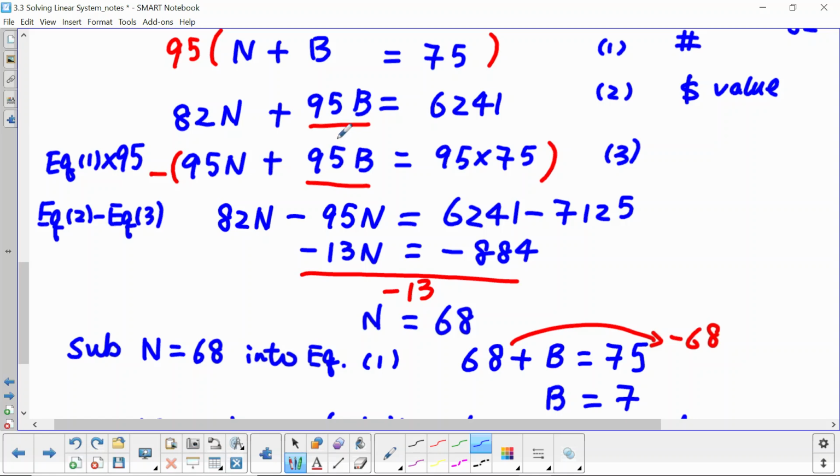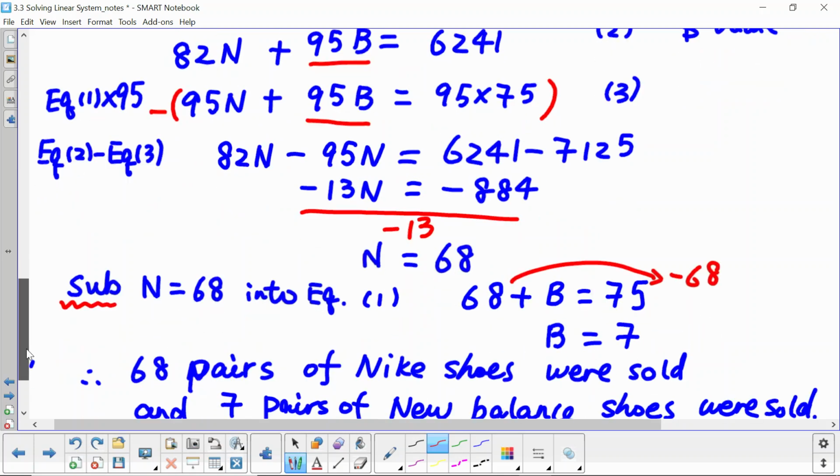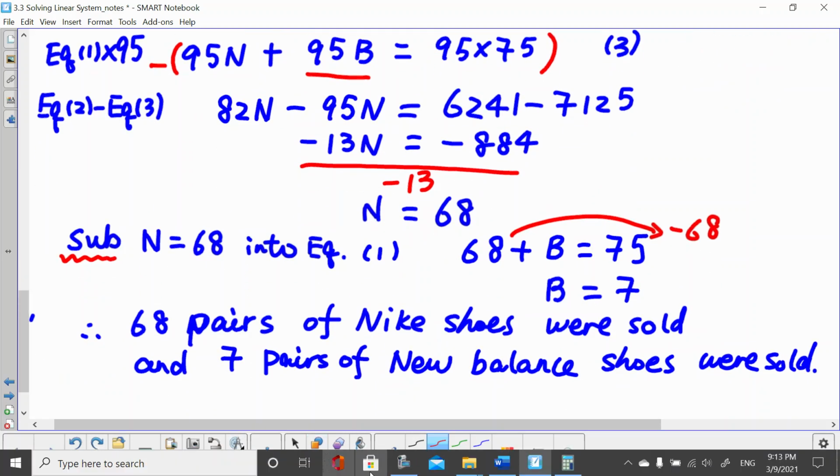So this is why we want to make the number at front of one variable the same. Then we can get rid of it. Then we are going to have one equation with one variable. Then we are able to solve it. And don't forget, for elimination, you have one substitution in order to find another variable.